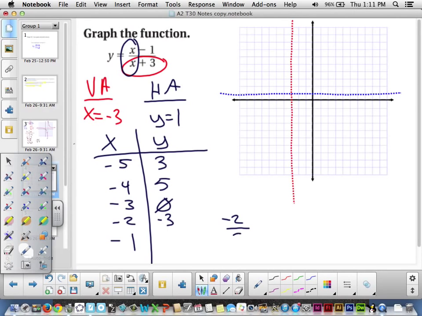Over 2, that's -1. We've got our points. Let's plot them. -5, 3 is here. -4, 5 is here. -2, -3 is here. And -1, -1 is there. So there's our graph approaching the asymptotes in these regions.